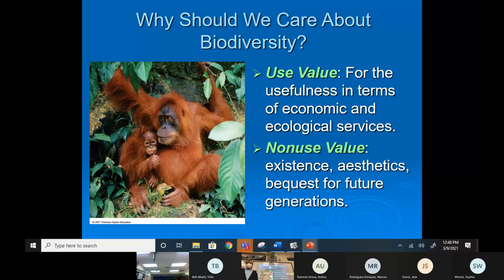That's a different category than things like what is the right of the organism to exist? What are the rights of future generations to be able to see that creature? Aesthetics has to do with what we find beautiful, although that wouldn't have to be physical beauty. It could be intellectually stimulating, I think that would fit into aesthetics as well.